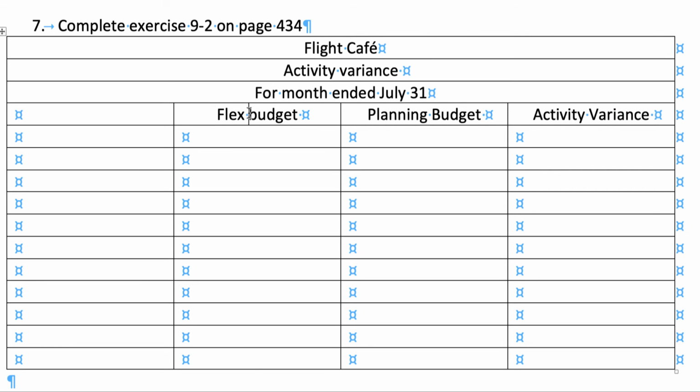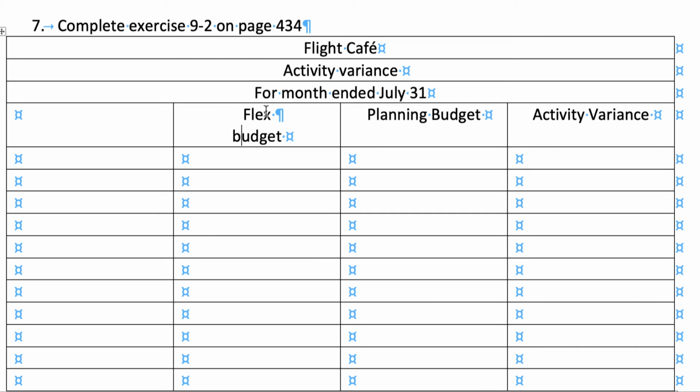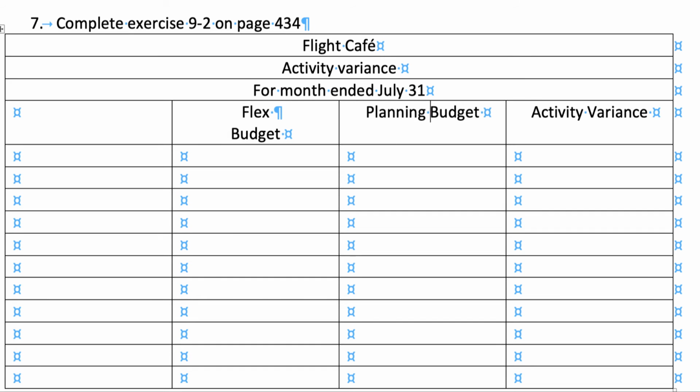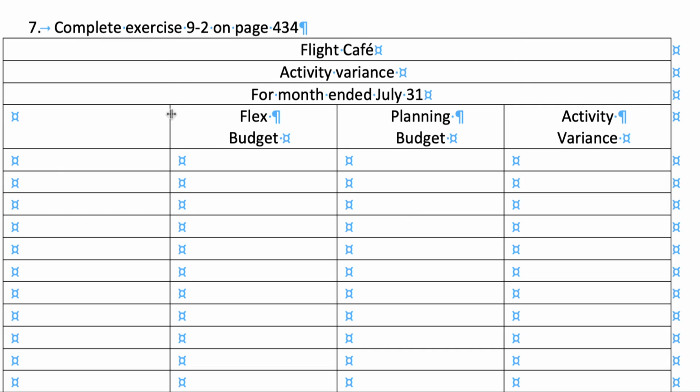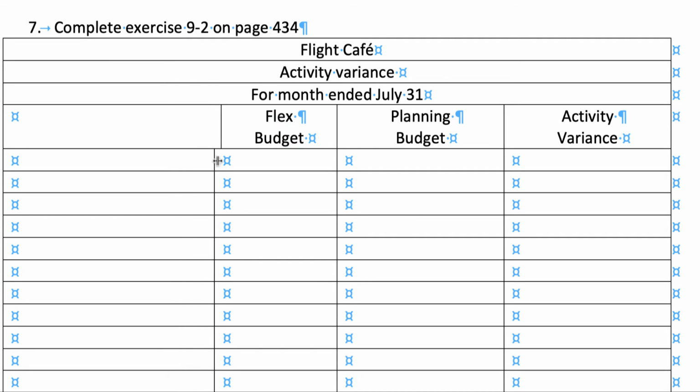Bear with me, I want to just make this look a little neater here because I don't think we have enough room in there. There we go. Okay, so the first thing we need to do is figure out how many meals we are preparing. Well, based on the flex budget, the problem tells us we're preparing 17,800 meals.